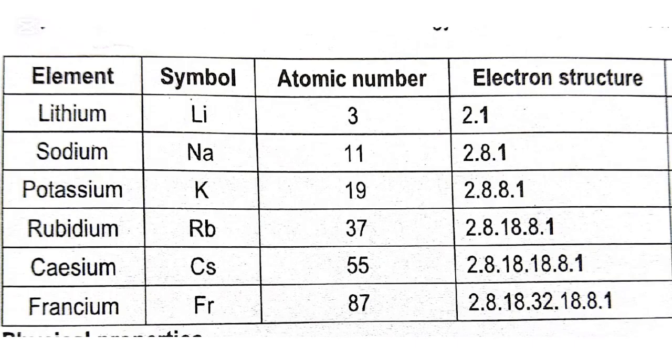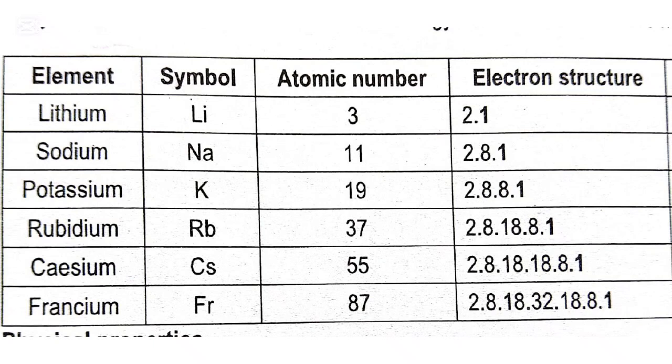A table showing the chemical family of the alkali metals is as shown below. We have the element lithium, the chemical symbol Li, the atomic number 3, the electron structure 2.1. Electron structure, I had earlier told you, is electron arrangement or electron configuration.